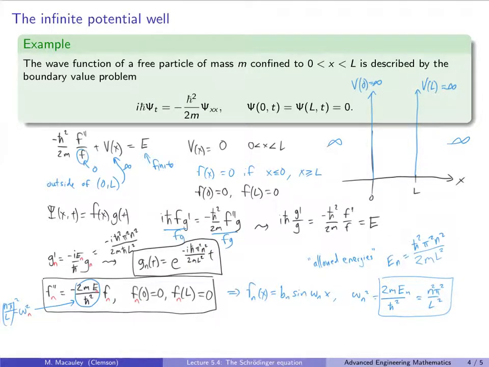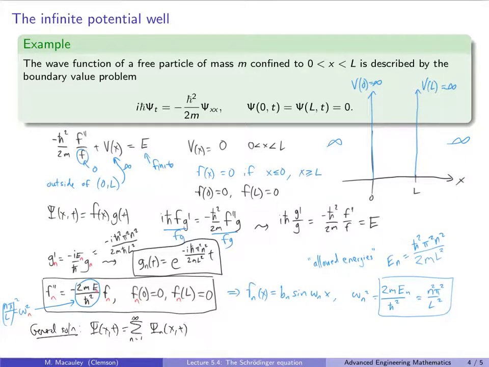So the general solution is that psi of x, t, a quantum state of a particle, is a superposition of states. That's really what we're doing here, a superposition of these individual psi n's of x and t.